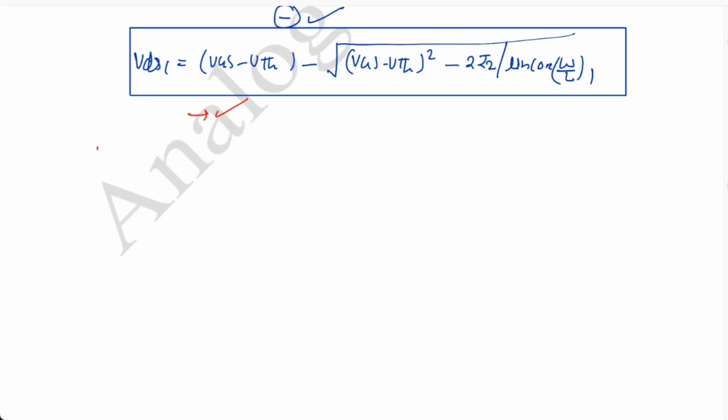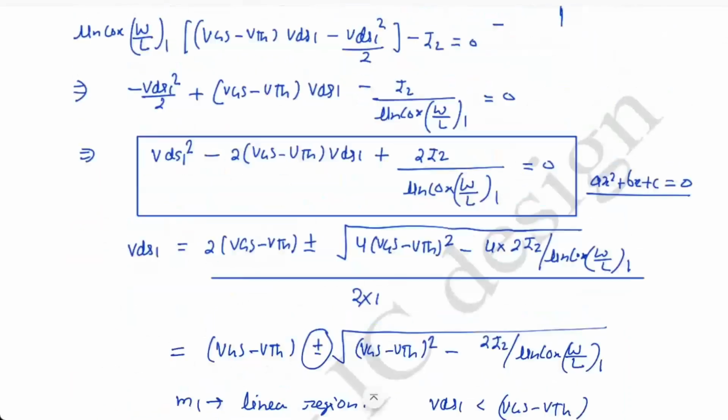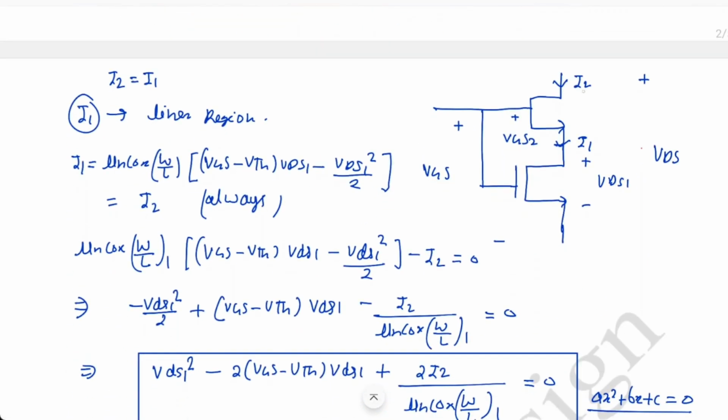Now there can be two possibilities: either M2 is in saturation region or linear region. Okay, so let's take case 1: M2 is in saturation region. What will be the current flowing through M2? It will be I2, so this current will be 1 by 2 mu1 Cox W by L2 (VGS2 minus VTH) whole square.